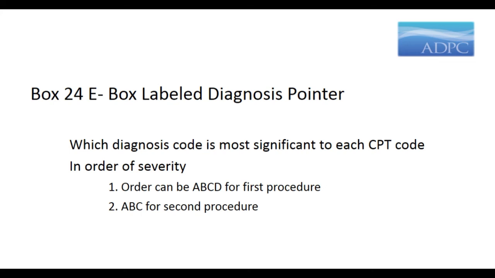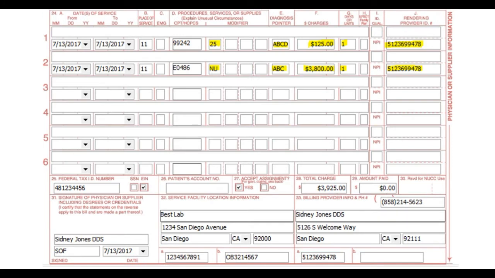So in the first box for the exam code, we're going to be listing A, B, C, D, and then in the second box of 24E, we will be listing A, B, C for the second procedure. And here it is under modifiers, 25 for the exam code and NU for the sleep apnea appliance, and then the diagnosis pointers A, B, C, D, and then A, B, C.